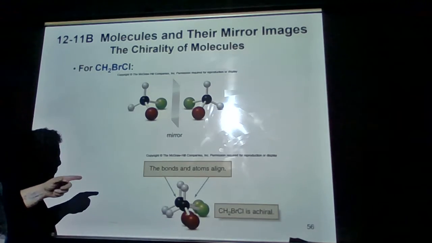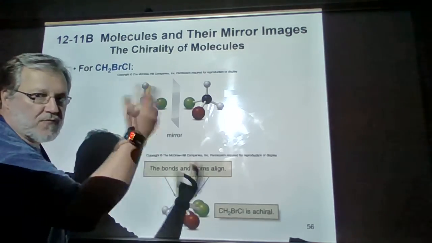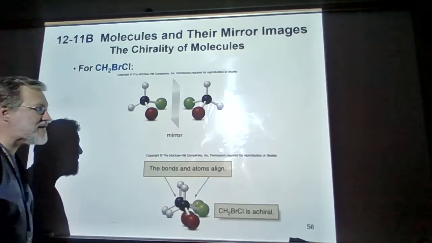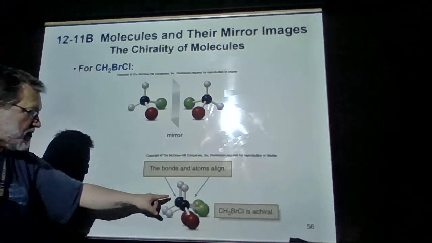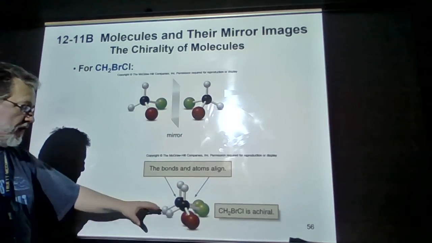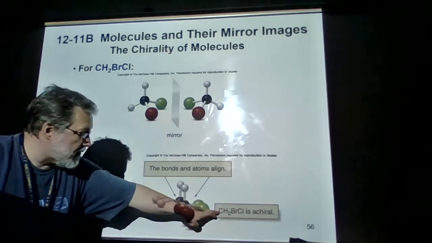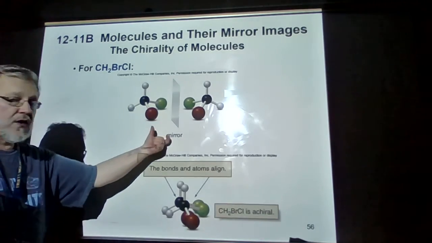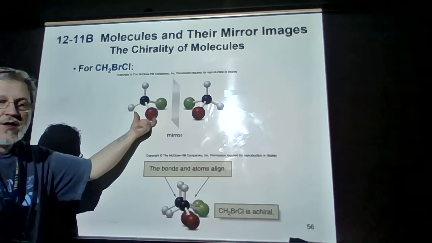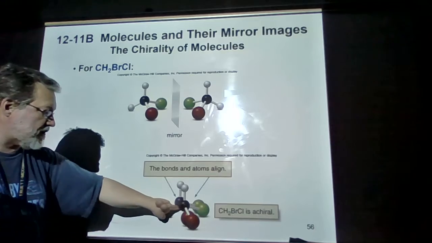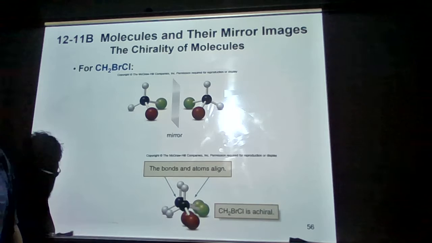But is there any way that we can flip this molecule, top for bottom, left for right, any degree of rotation that we can use to make this exactly like that, to superimpose? Yes, there is. With the green and the red matching, this molecule has a mirror image, but its mirror image is superimposable upon the other one. Therefore, this carbon is not chiral. It's achiral.